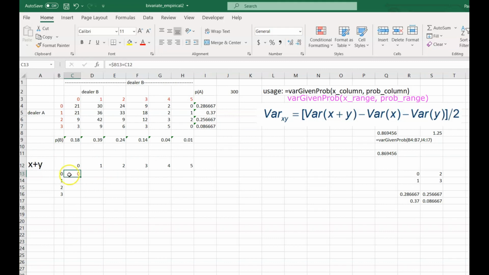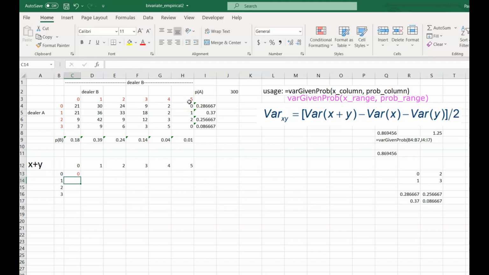Because we want to copy horizontally and we want to fix this column, we don't want to fix 13, because if we copy down, it should use 14. If we want to copy this formula vertically, we have to fix row 12. So we have to lock $12.